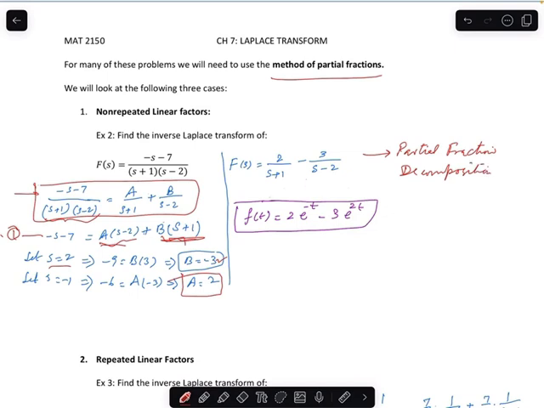But now this helps us write the inverse transform. The function f of t is the inverse of the Laplace transform. So the inverse transform of 2 over s plus 1 will be 2 times e to the minus t, and the inverse transform of 3 over s minus 2 will be 3 times e to the 2t. So this is the solution.